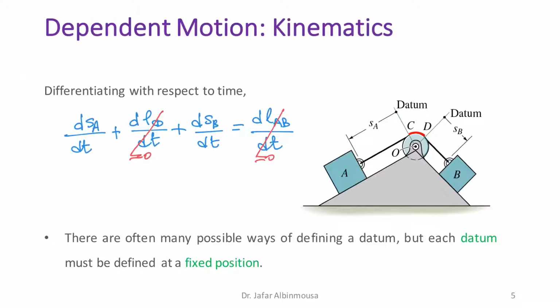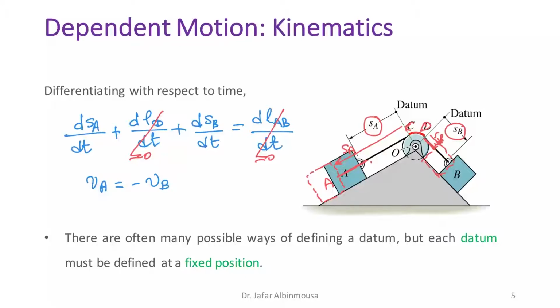Even if block A moved all the way to here, and block B moved all the way to here, yes, the length SB and the length SA will change. This one will get longer, and this one will get shorter. That's going to be SB, and this is going to be the new SA. But the length of CD is always the same, and the total length is always the same. So what we are going to get is VA equals minus VB.